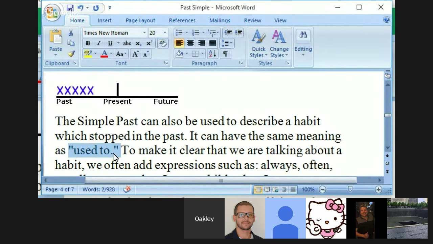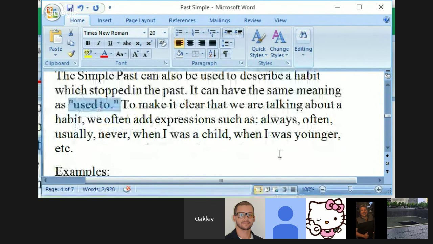Native speakers frequently and largely will use this to talk about habits in the past or things that were true in the past but are no longer true now, or things you did regularly that you no longer do now. If they have a choice, native speakers are going to use used to.